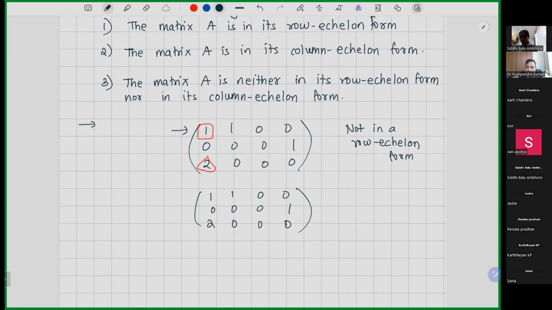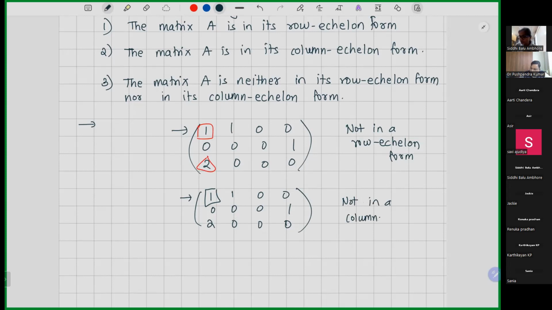When we go and check the first column, the first entry is 1, it is okay. But when I go to the right of this one, this is a non-zero entry, which fails to satisfy the condition of column echelon form. So again, this is not in a column echelon form.